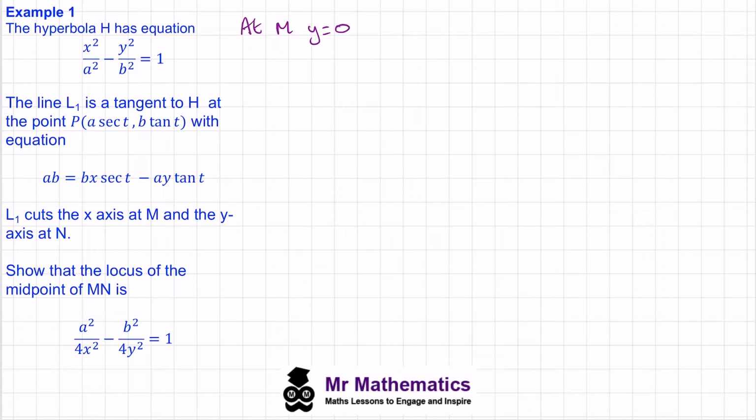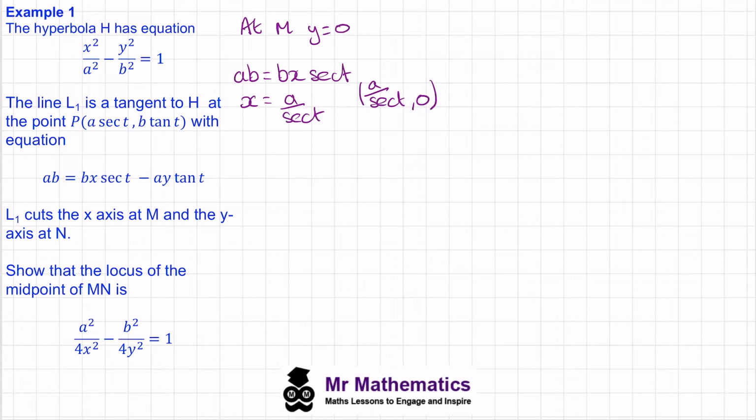So we're left with ab equals bx sec t, and we can make x the subject by dividing both sides by b sec t. When we do this, the b's cancel, so x will equal a over sec t. So the general coordinate along the x-axis will be (a over sec t, 0).